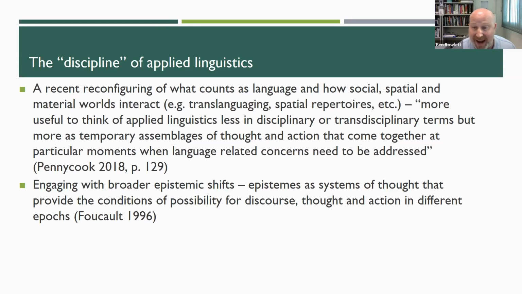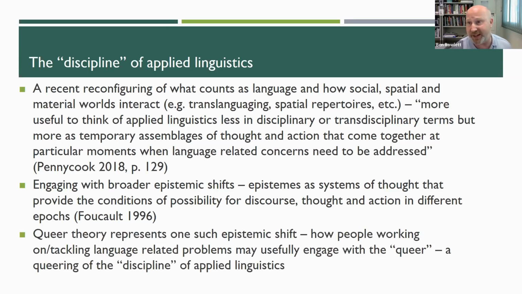So in this way, the development of queer theory in recent decades represents one such epistemic shift, leading to the question that we're going to talk about here of how people working on or tackling language-related problems may usefully engage with the queer, in other words, the queering of the discipline of applied linguistics.